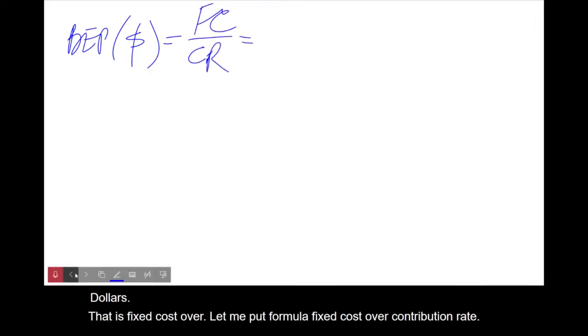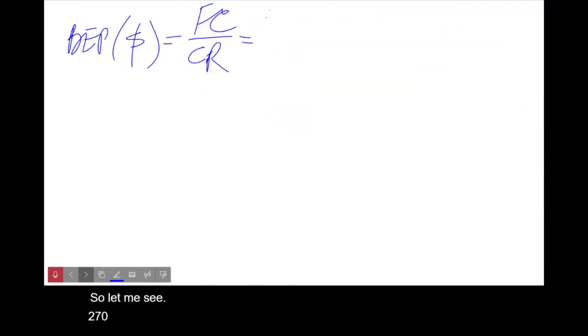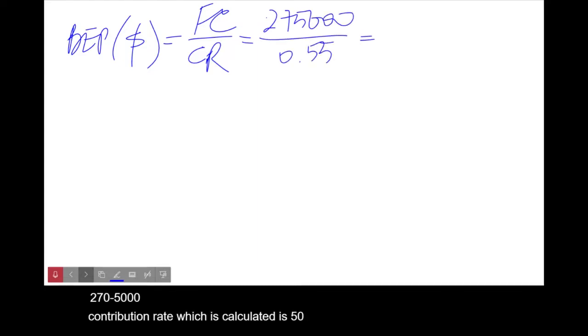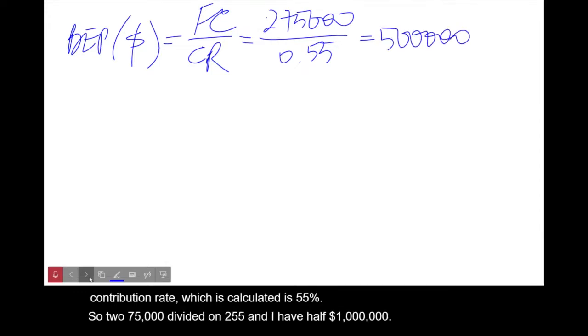So 275,000 over the contribution rate, which is calculated, is 55%. 275,000 divided by 0.55, and I have $500,000.